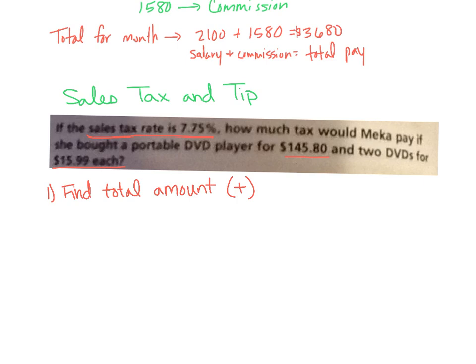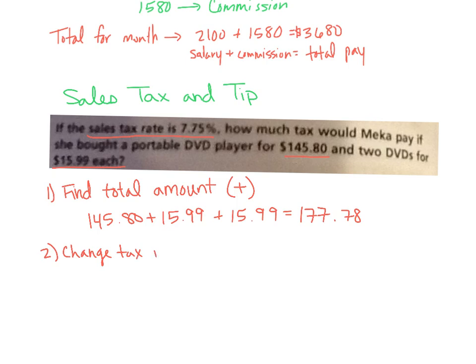So we take 145.80 plus she bought 2 DVDs for $15.99. So we can either multiply $15.99 by 2 or just add them twice together. And that gives us $177.78 before tax.